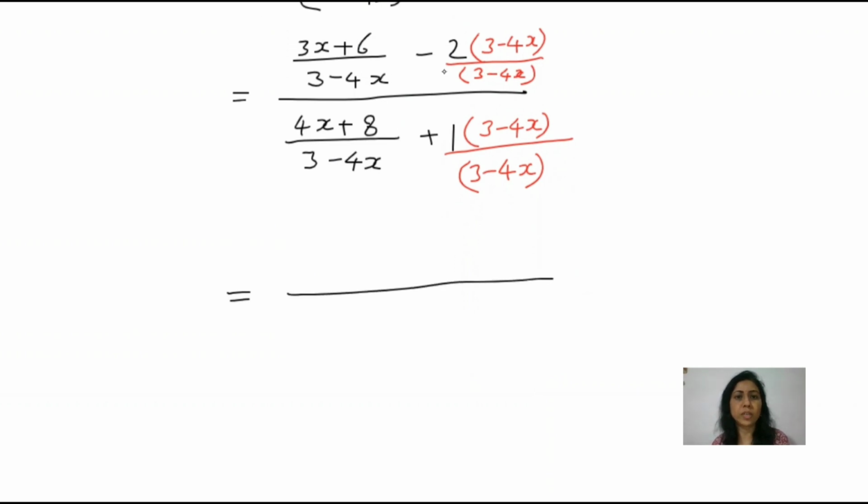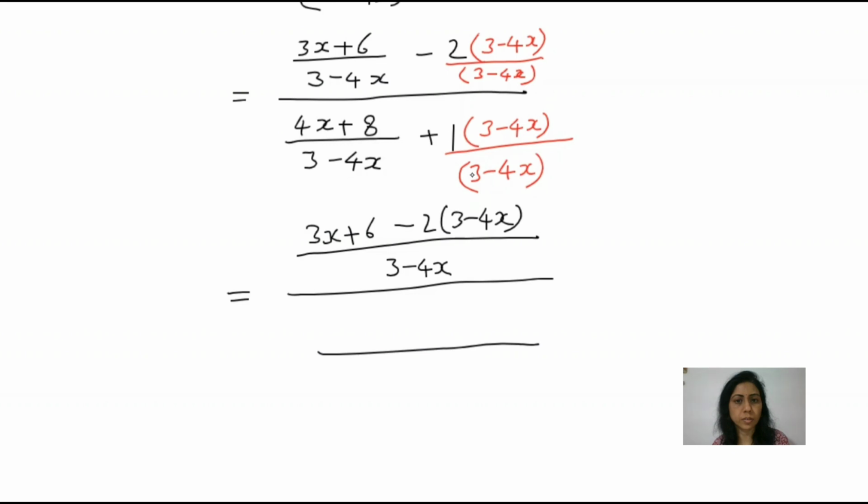Here the denominators are the same, so we can easily subtract the numerators. This is (3x + 6) minus 2 times (3 - 4x), over 3 - 4x. And here also the same denominator, 3 - 4x.